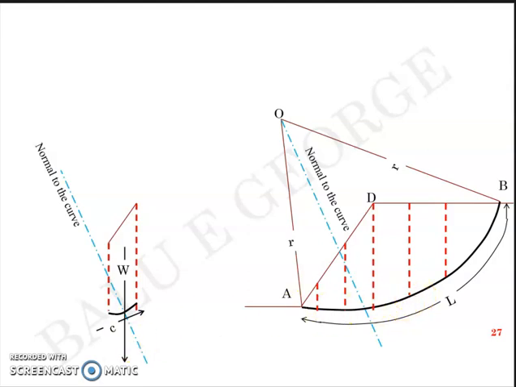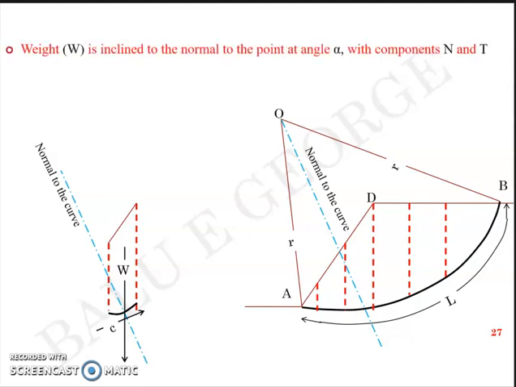Now, since I've drawn a normal and the weight W is inclined to the normal, let's say at an angle alpha, W will have a component in the normal direction and in the tangential direction.